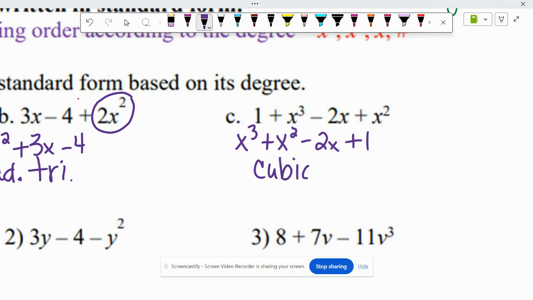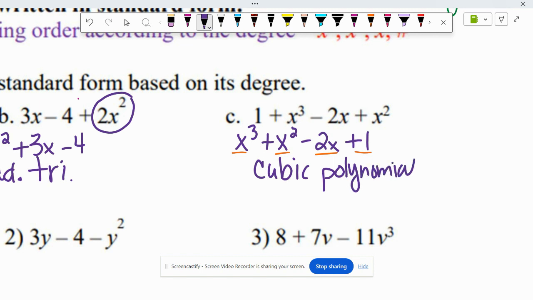Braden, are you on example C? You following along with us? Because I don't think you are. How many terms are there? 1, 2, 3, 4. So if something has 4 terms, what do we call that? It's a cubic polynomial. A cubic polynomial.